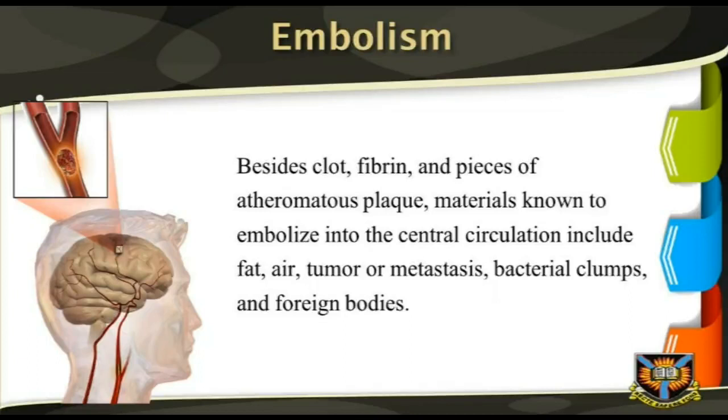Superficial branches of cerebral and cerebellar arteries are the most frequent target of emboli. Most emboli lodge in the middle cerebral artery distribution because 80% of the blood carried by the large neck arteries flows through the middle cerebral arteries.